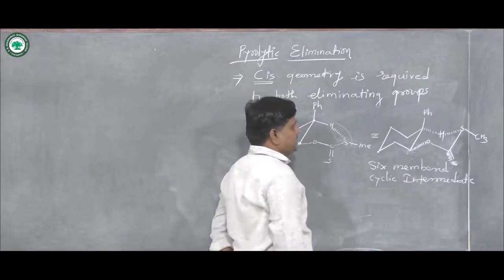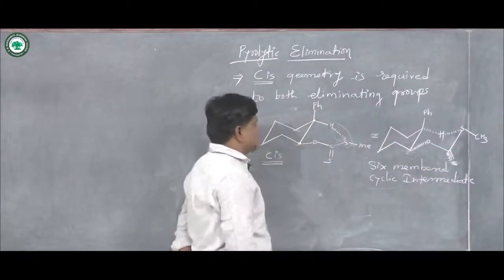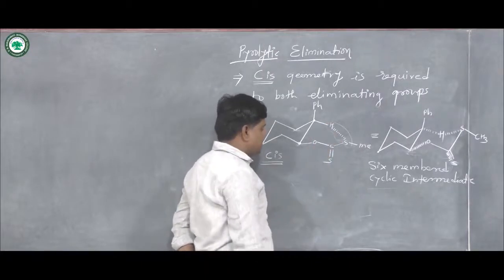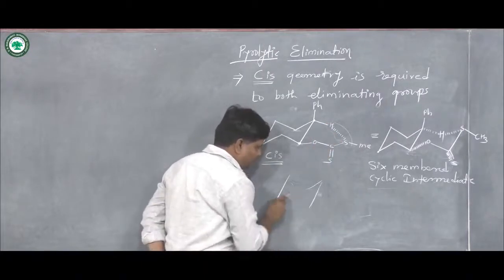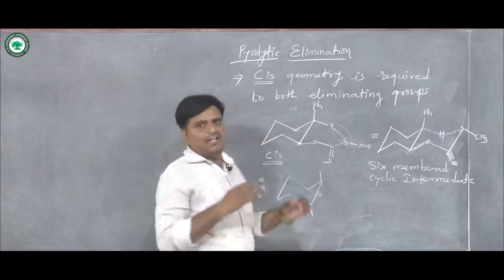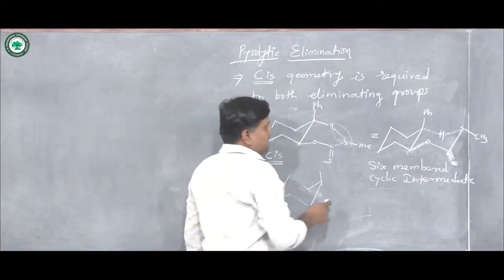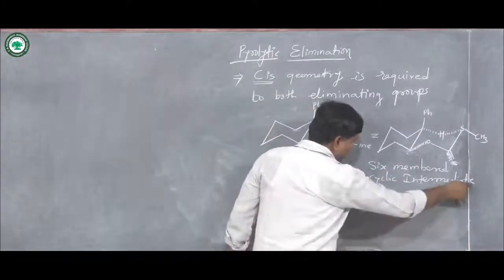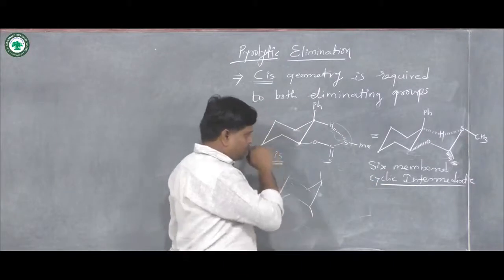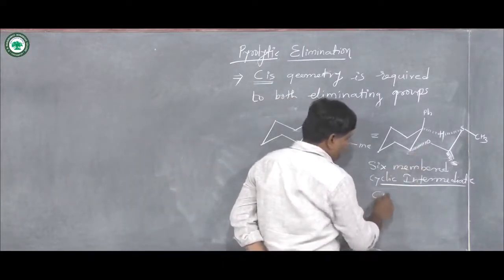And this cyclic intermediate we get very easily by the cis geometry and not by the trans geometry. If both of these groups are present in trans position, at that time they don't come close to each other, so such a type of cyclic intermediate is not possible. So for getting this we require cis geometry.